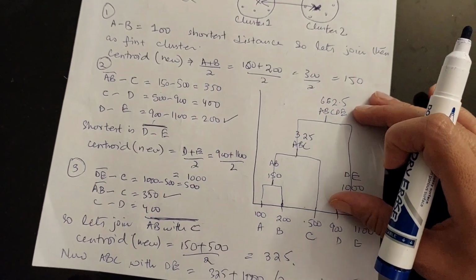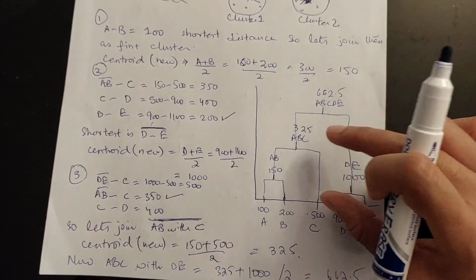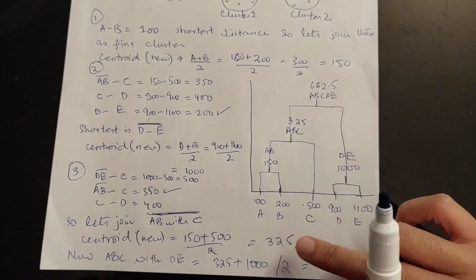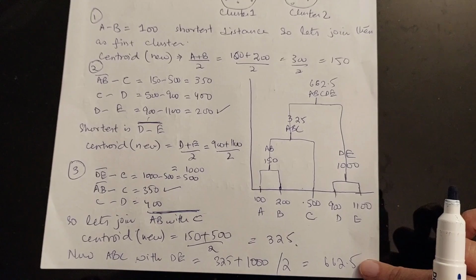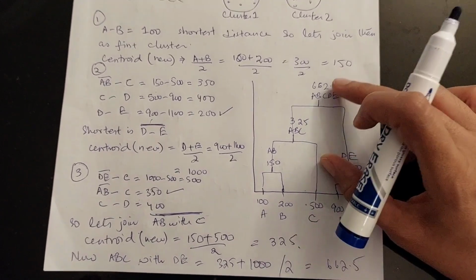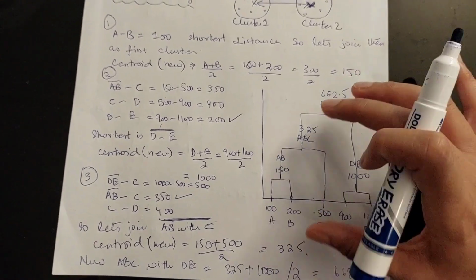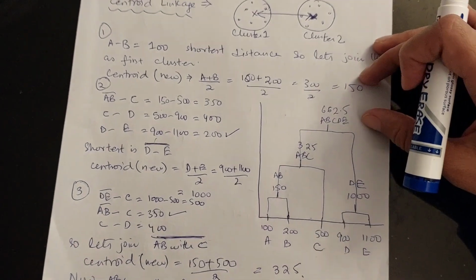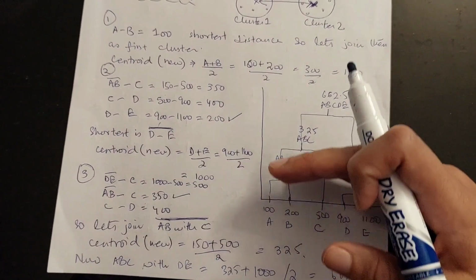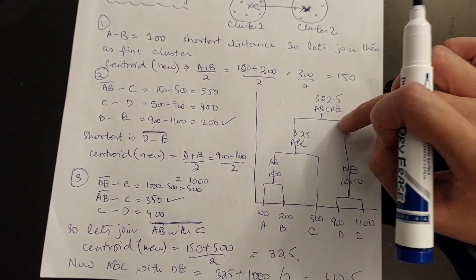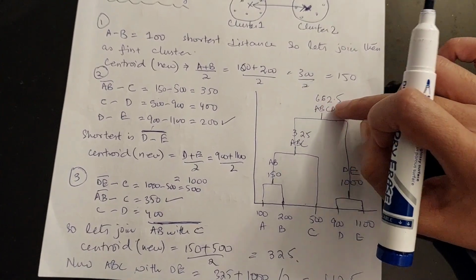The only thing that we need to find out is their centroid. So this 325 will be added with this 1000 and divided by 2, and it comes out as 662.5. So this is ABCDE, a bigger cluster on the upper side, which has grown from bottom to upward, and the centroid of this bigger cluster is 662.5.